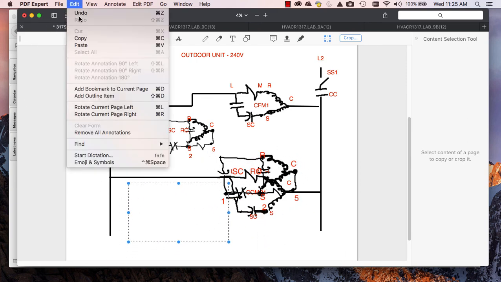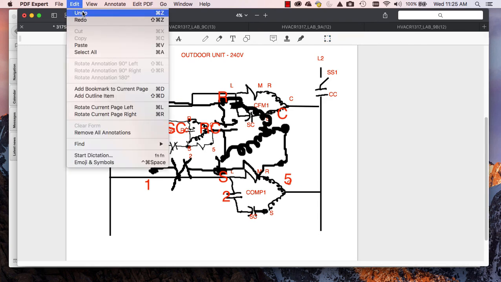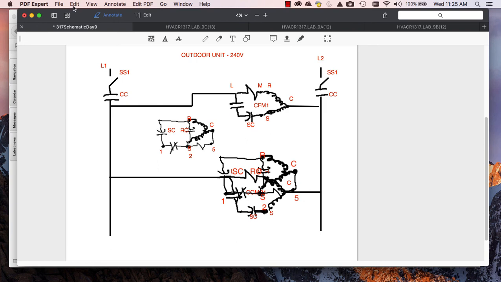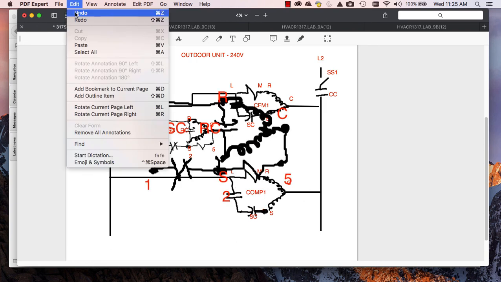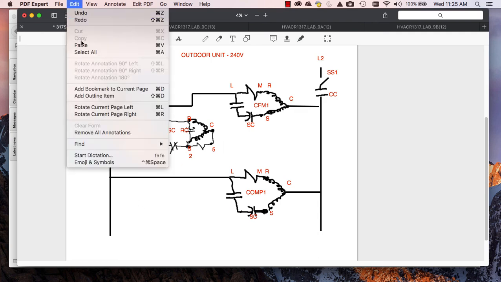Well, I want to undo that. I got it to the wrong place. Let's go ahead and edit, paste that in.